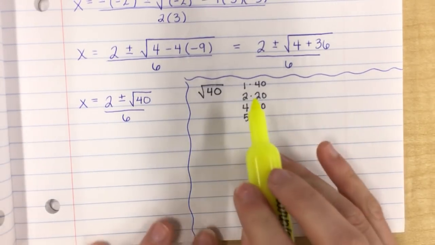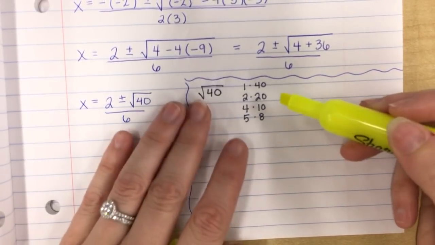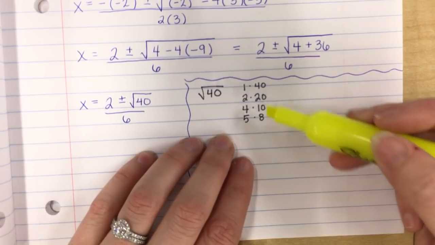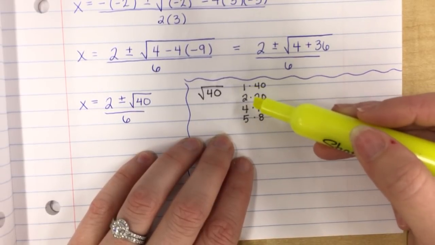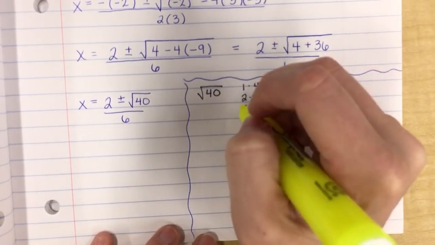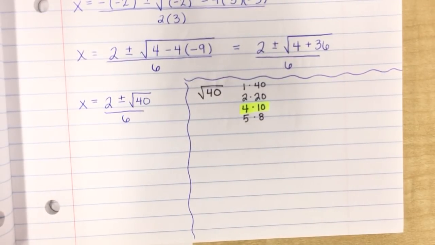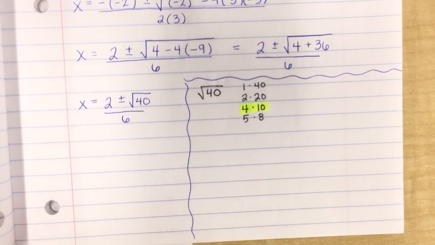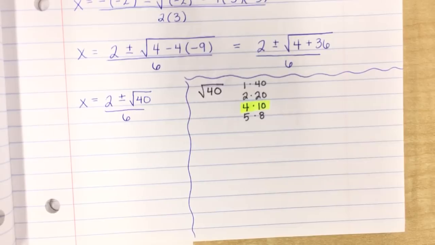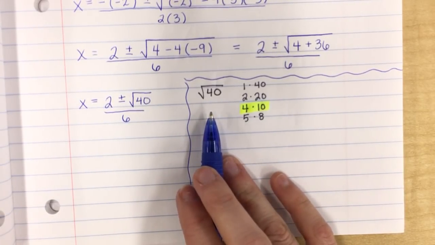I would then look and see, okay, where are my perfect squares within all of these, in this case, 4 options? I have 1 is a perfect square, and then I have 4 as the next perfect square. 4 is the highest perfect square that we have written here, because 5 and 8 are both not perfect squares. And so therefore, the 4 and the 10 is what I'm going to use to break down the square root of 40.